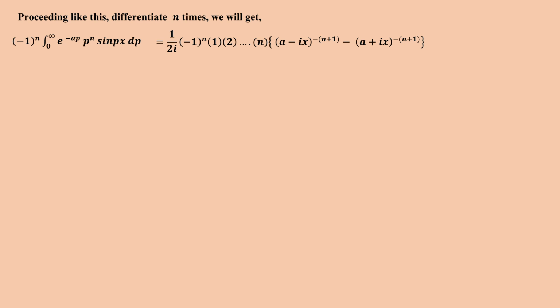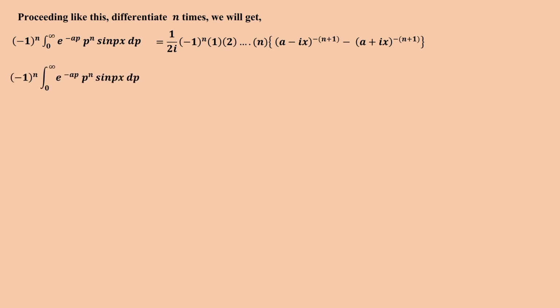For the second derivative you are having 1 into 2. For the nth derivative, 1 into 2 into and so on up to n, right? So into (a minus ix): for the second derivative (a minus ix) power minus 2 plus 1, so for the nth derivative (a minus ix) power minus n plus 1. Similarly the second term, minus (a plus ix) power minus n plus 1.